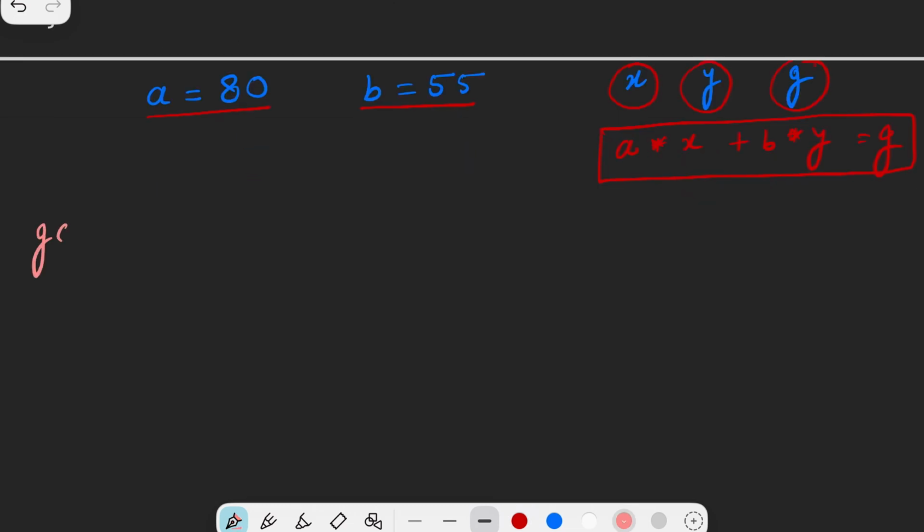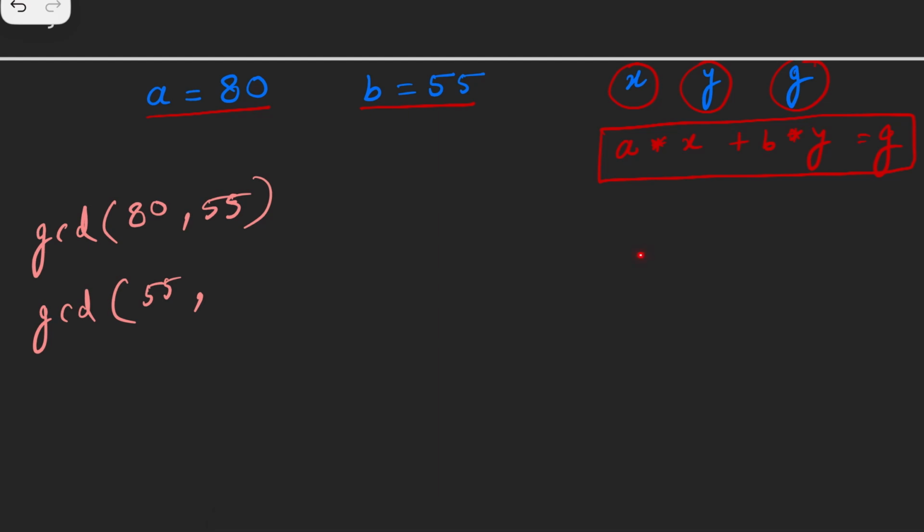So first we call GCD 80, 55. Remember, we check the value of b. The value of b is not equal to 0. So again we call GCD b comma a mod b, right?